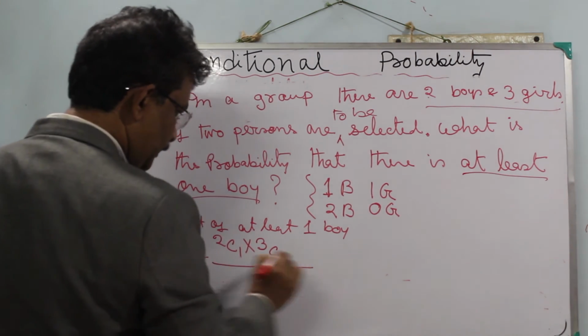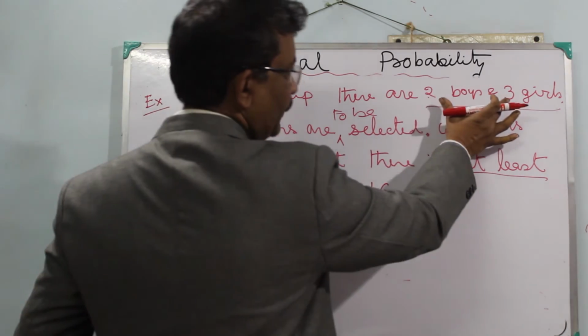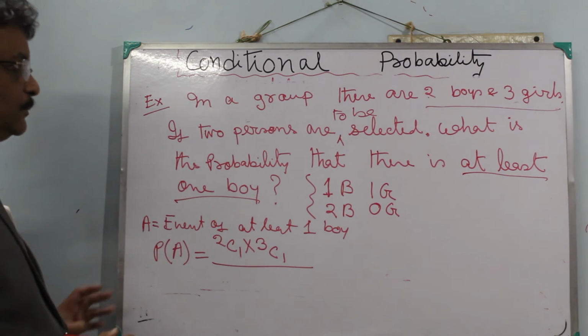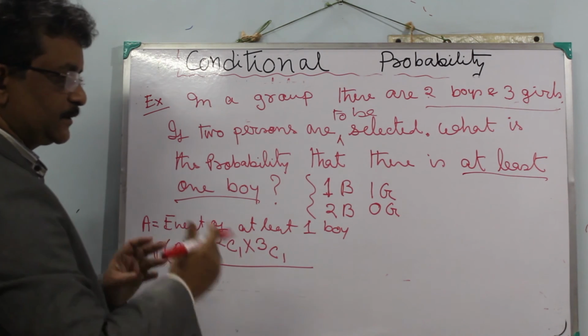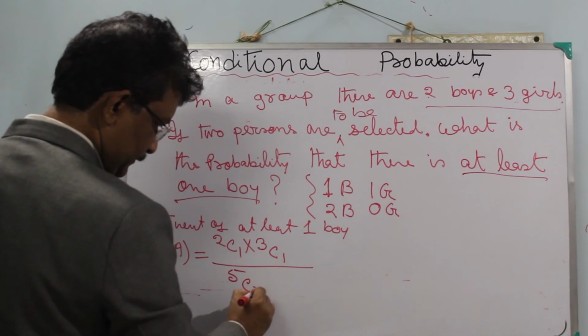And what is the total number of cases? Since there are 5 persons, and we have to select 2 out of 5, these 2 persons can be selected from 5 persons in 5C2 ways.